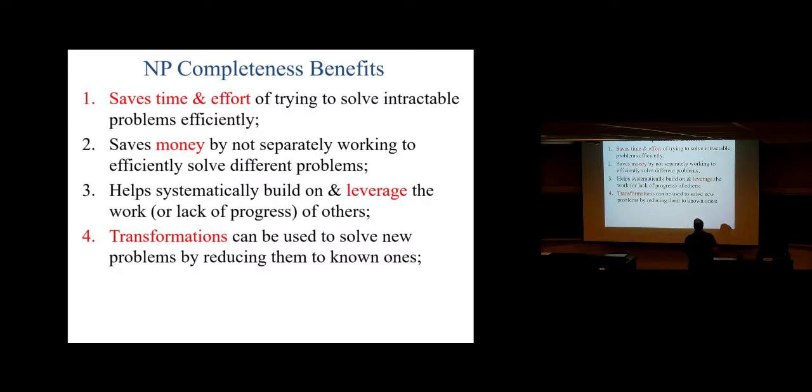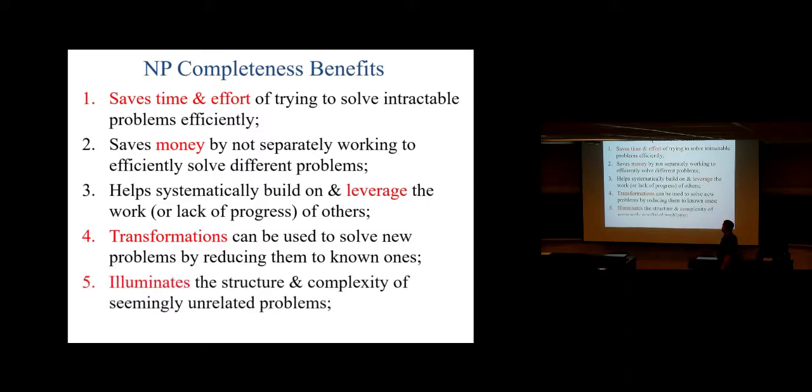And transformations can be used to solve new problems by reducing them to known old problems. So if you're not sure how to use convex hull to compute something else, then without the convex hull subroutine, that something else may not have been easily computable efficiently. That gives you a lot of leverage.